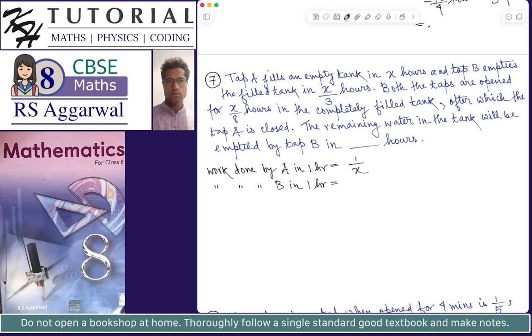So work done by B in 1 hour is the reciprocal of X by 3, which is 3 by X, and it will be negative since tap B is an outlet.